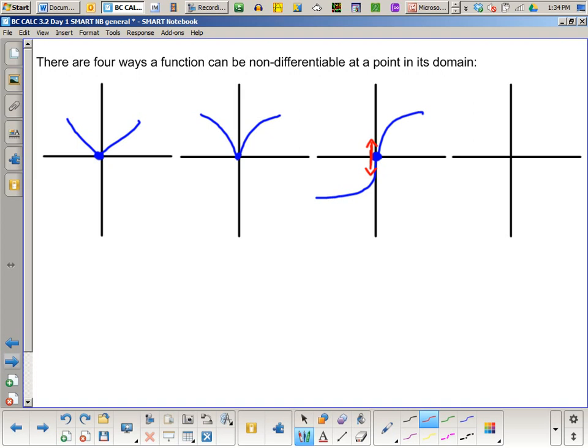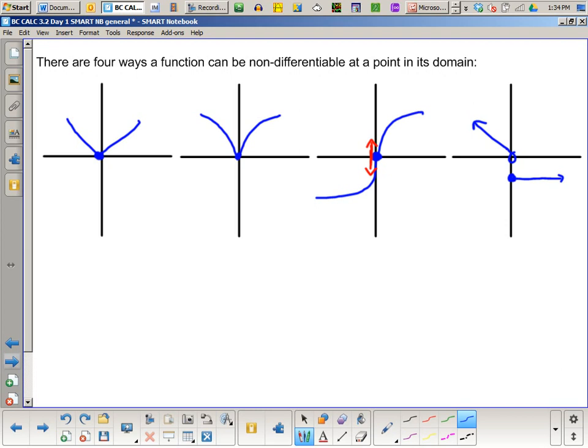And the last case is the obvious case: if the function graph is simply broken, even slightly, even a hole, you're going to have no differentiability. A hole, a jump discontinuity, an oscillating discontinuity, any of those discontinuities we studied, if the graph has it, the derivative will not exist there.